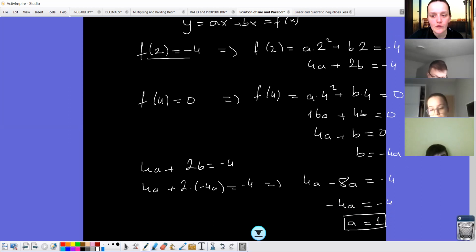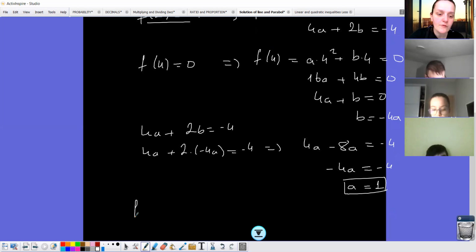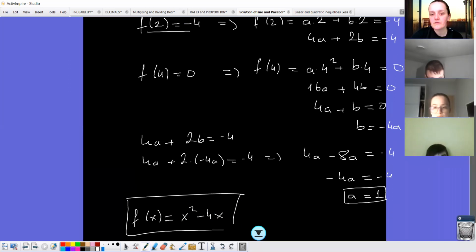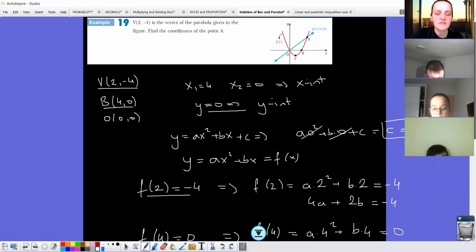If we know a, then b is equal to minus 4. So our parabola is f of x equals x squared minus 4x. This is the standard form of our parabola.